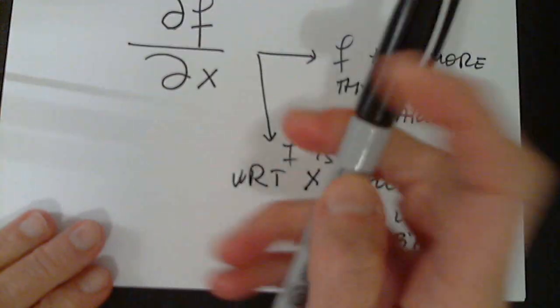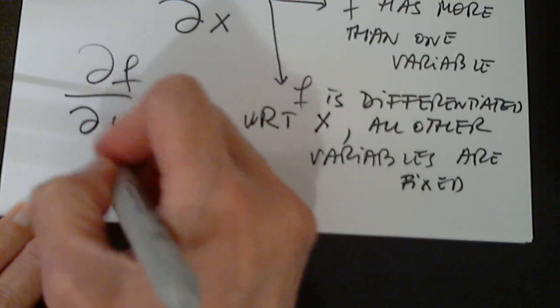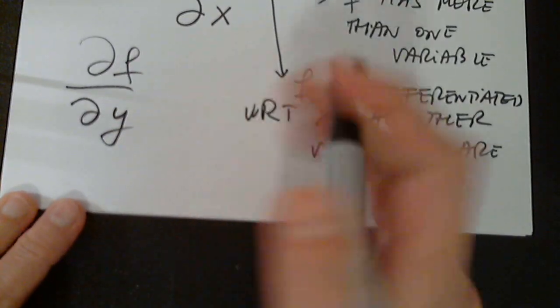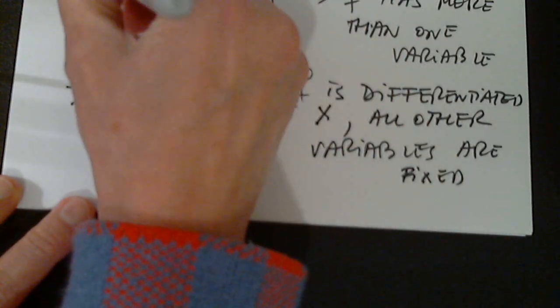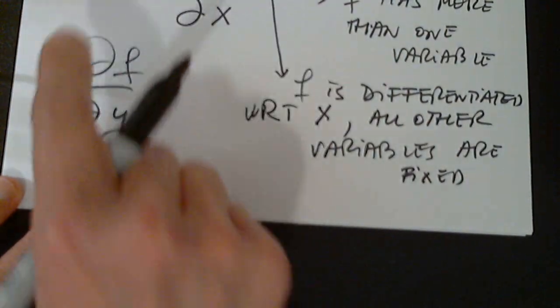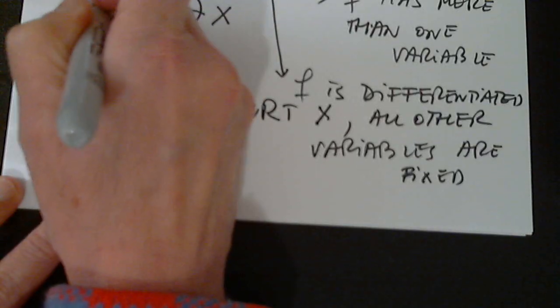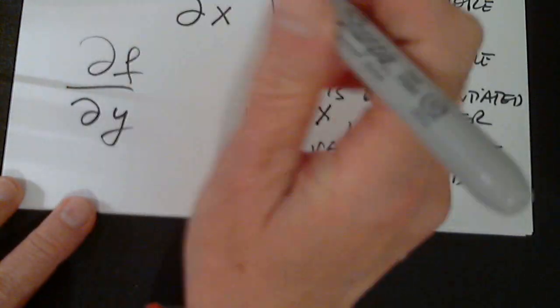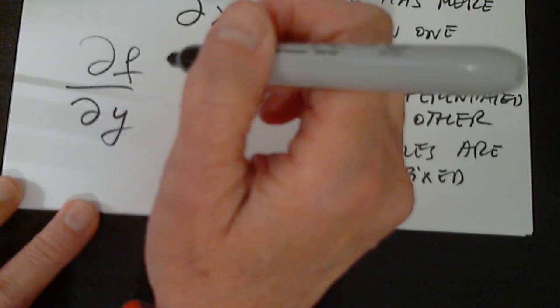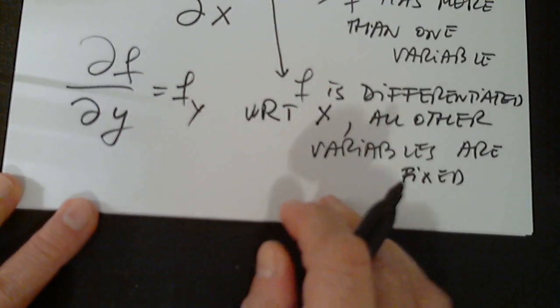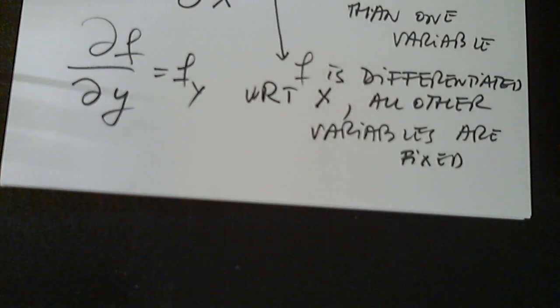Okay. Of course, we have df over dy. We prefer a different notation because this is kind of cumbersome. We prefer this. This is not in parentheses. This is not f of x. This is read fx. This is read fy. What does fx mean?